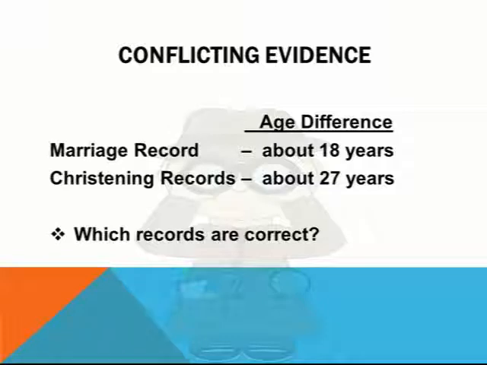The age difference is only 18 years on their marriage record, but it is 27 years based on their christening records. Which is right? Based on timing, the earliest records, or the christening records, are more likely to be correct. Their ages given on their marriage certificate were given 21 and 48 years after their christenings.